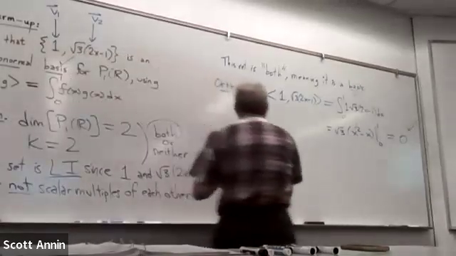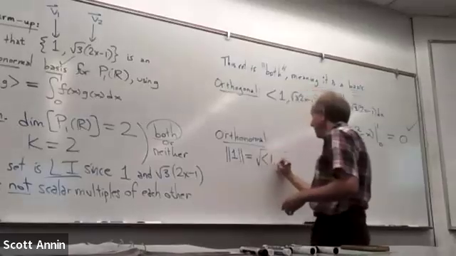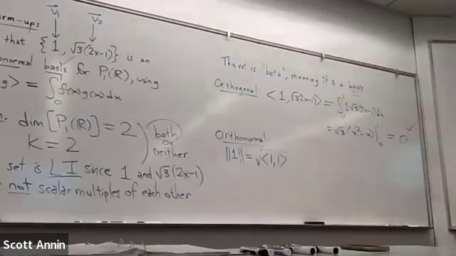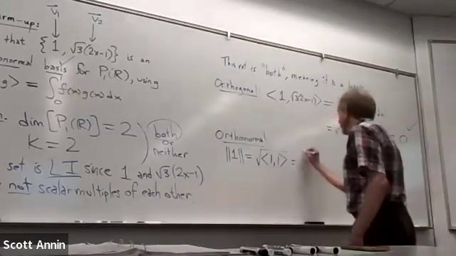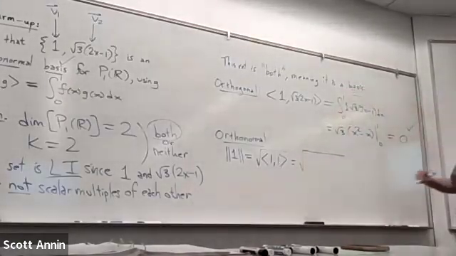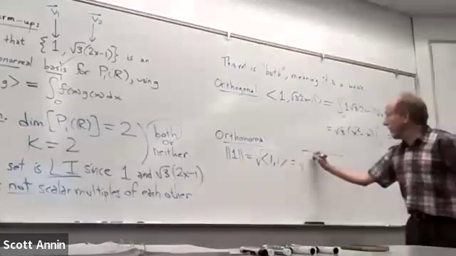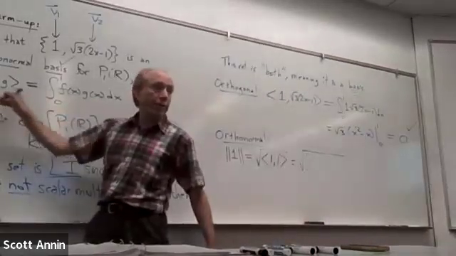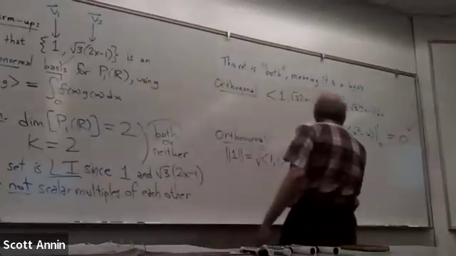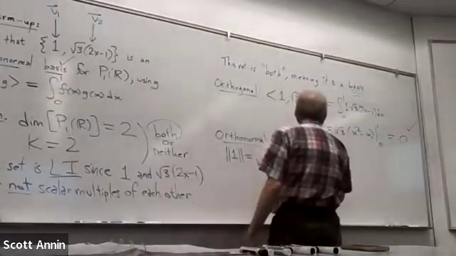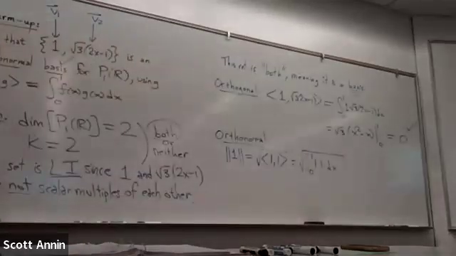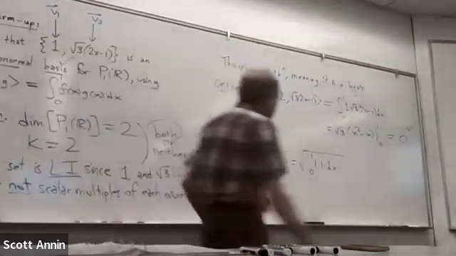So in this case, I would do the square root of the inner product of 1 with 1. And so this would be the square root of, now underneath that radical, I have an integral to do, right? So I'm going to put a 1 and a 1 for both f and g. So this is going to be the integral from 0 to 1 of 1 times 1 dx. All right, so just put the same function in both slots.